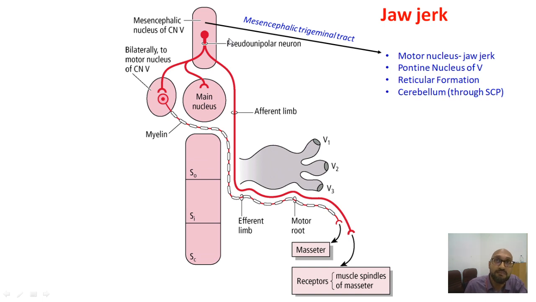So therefore, in a midbrain lesion where you could have problems at the level of either the trochlear nerve or the oculomotor nerve complex, you can also elicit the jaw jerk to verify whether even the ventral part of the tegmentum in the midbrain is intact or not, because this is there in the ventral tegmentum of the midbrain.